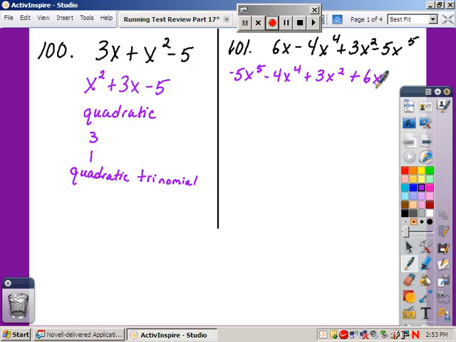This is a fifth degree, or known as quintic. It has 4 terms, and the number that's in front of the x to the fifth term is a negative 5. And finally, because there are 4 terms in the quintic, this is called a quintic quadrinomial.